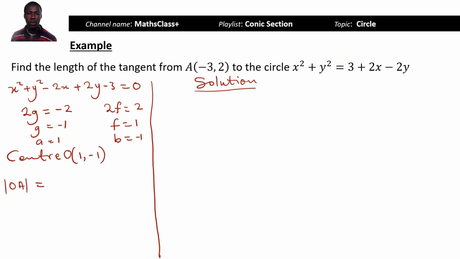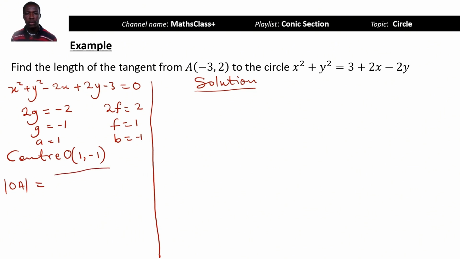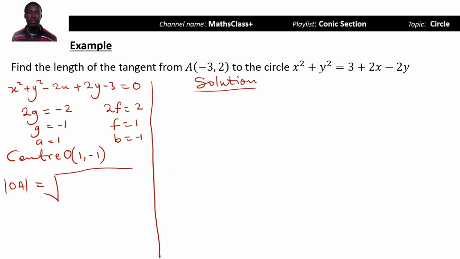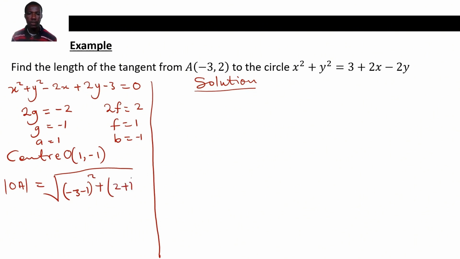And that will be the square root of (-3 minus 1) squared plus (2 minus minus 1, so plus 1) also squared.